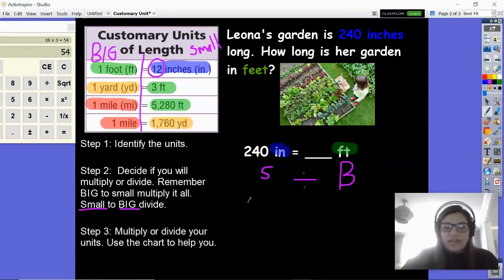So I'm going to take 240 and divide it by the 12 inches that are in 1 foot.